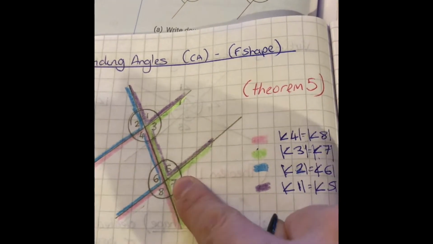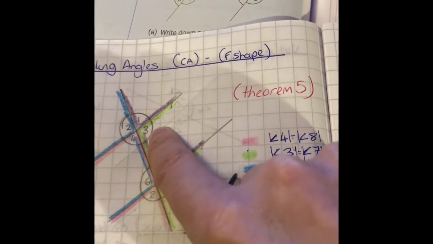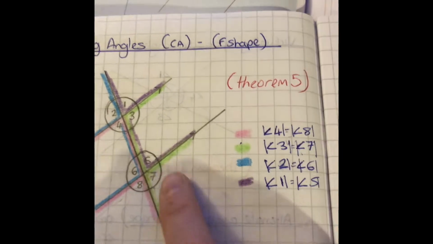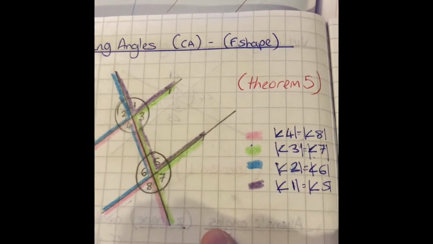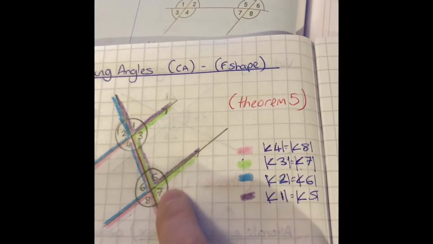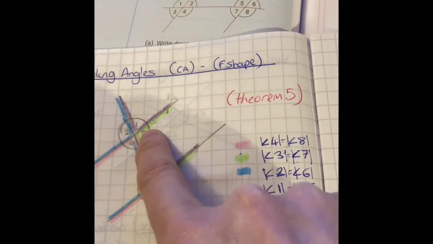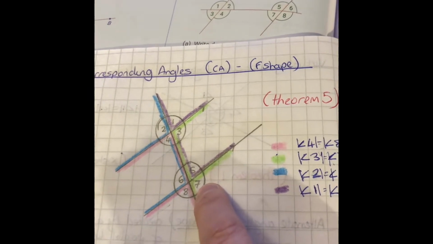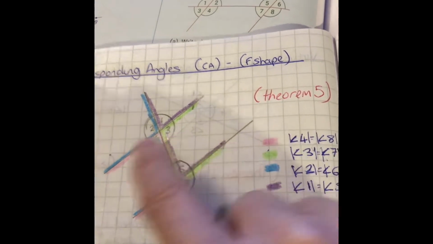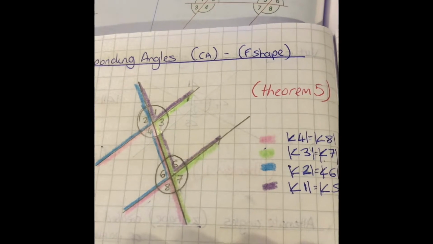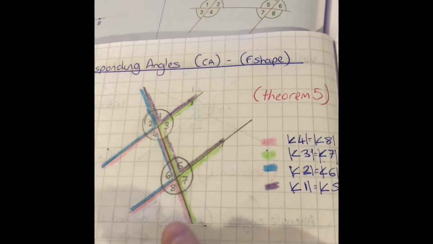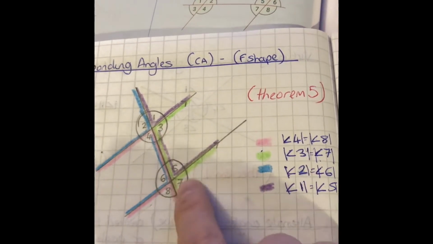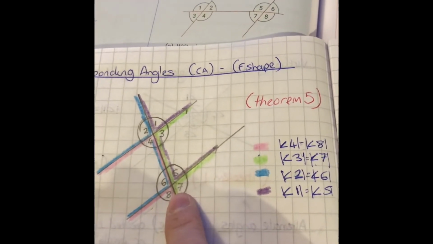So if it's the bottom right one, the bottom right one is the corresponding one in the other sets of four. So 7 and 3 correspond. And Theorem 5 stated that if we know that these corresponding angles are exactly equal in measurement, so they have the same degrees, then that tells us that these lines must be parallel. And likewise, if we're told in the beginning that these two lines are parallel, then we can work out different angles if we have the corresponding measurements.